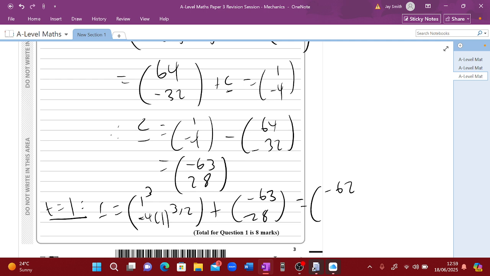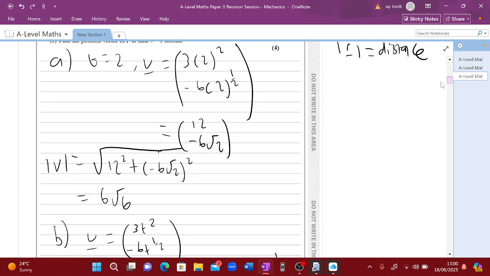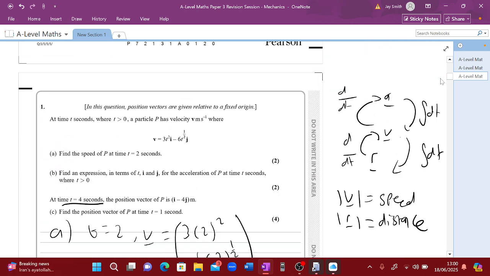And then add 28. 28 minus 4 will be 24. And that would be your position vector at time t is 1. Cool. And that's what r does, by the way. With variable acceleration, particularly when you're integrating, the r specifically gives you the position vector at time t is 1.